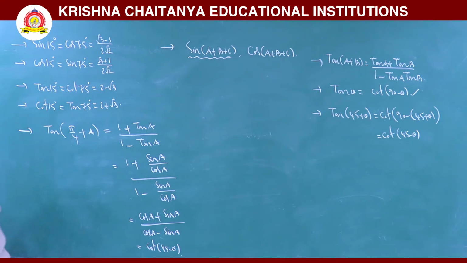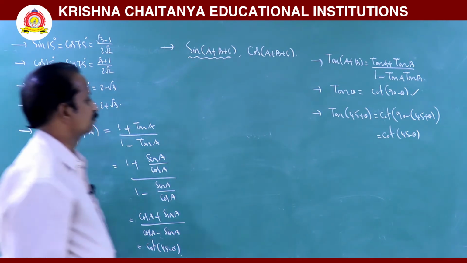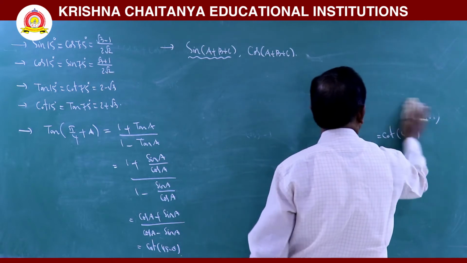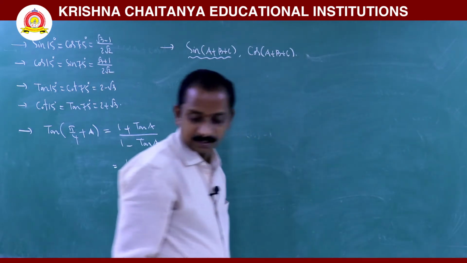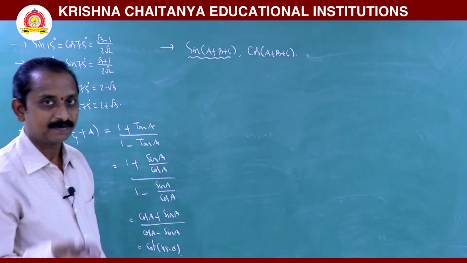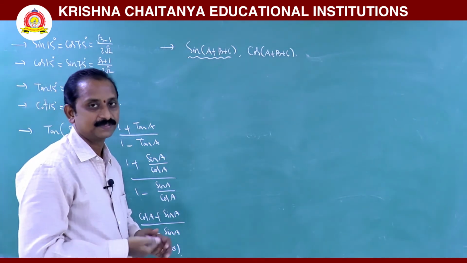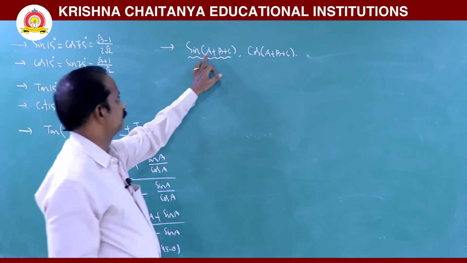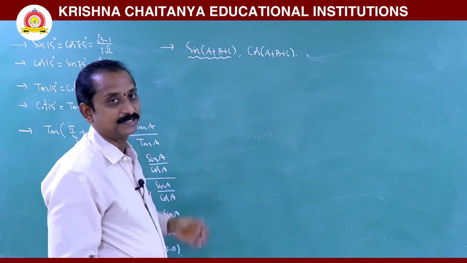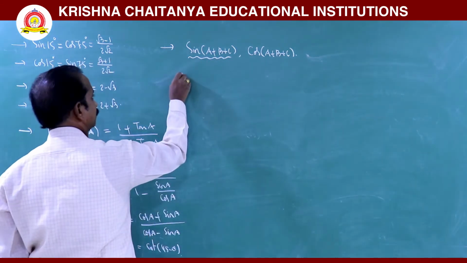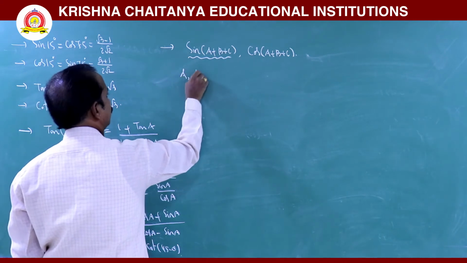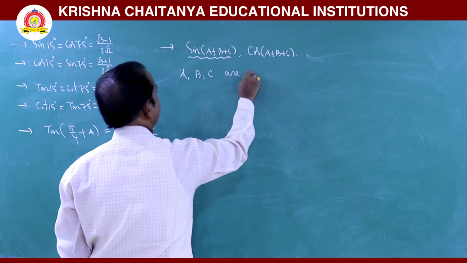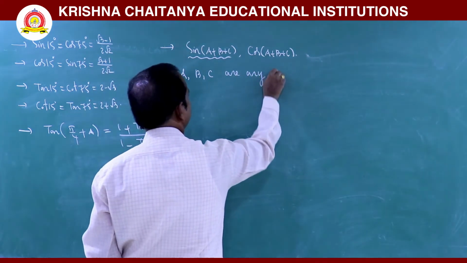This is indirectly the sum of three angles, but we know the basics of the sum of two angles for the trigonometric ratios sin, cos, tan and cot, but here it is the sum of three angles for the sin ratio. Condition: A, B and C are any real numbers.